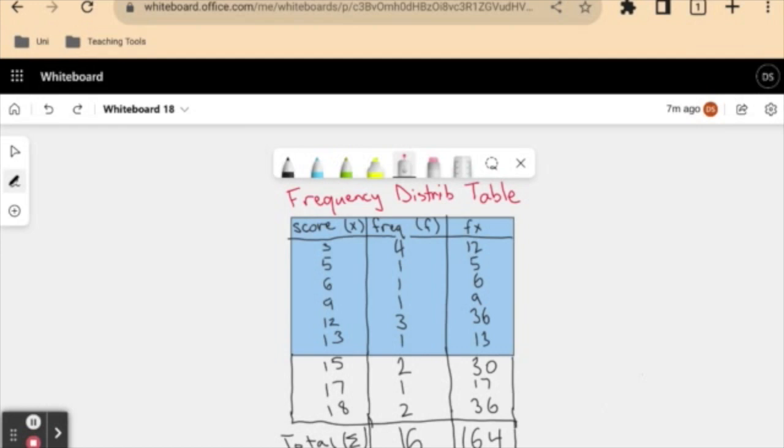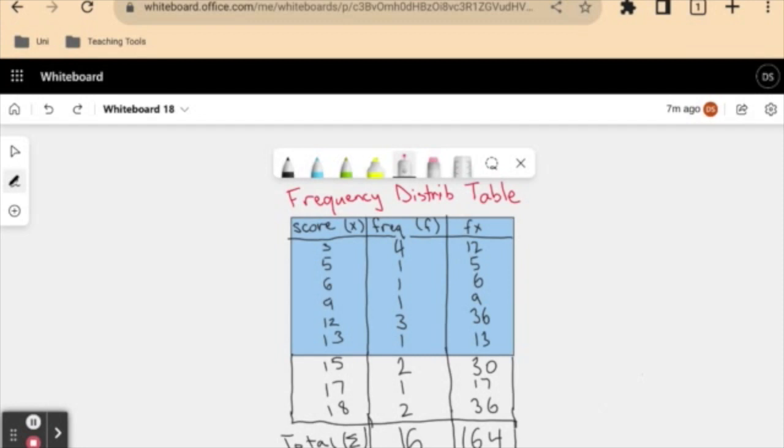Yes, they take a little bit of time to construct, but we are going to now revisit these and see how much easier, in my opinion, it is to look for and calculate our modes, our ranges, our medians, and our means once we have done, I guess, the grunt work to construct this table.